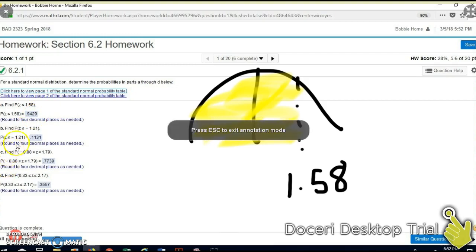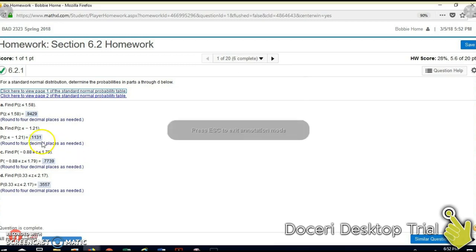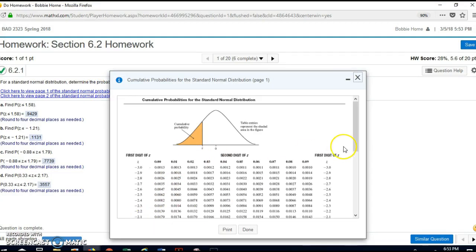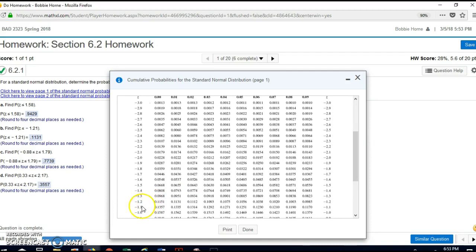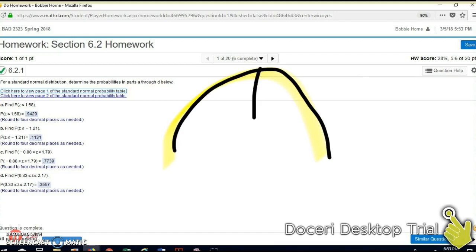Okay, so for the next one, z is less than or equal to negative 1.21. For this one, we would go to our table with the negative values. Negative 1.21 would be 0.1131. If I were to draw it here, here's the mean, and negative 1.21 would be about right here.